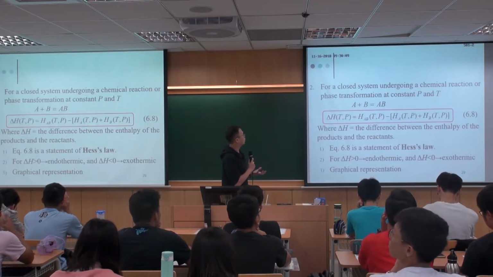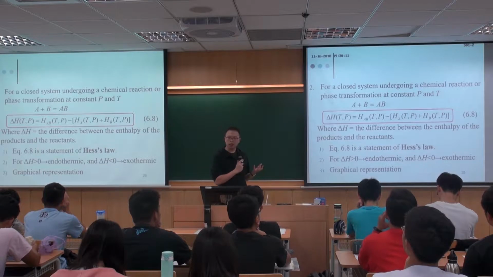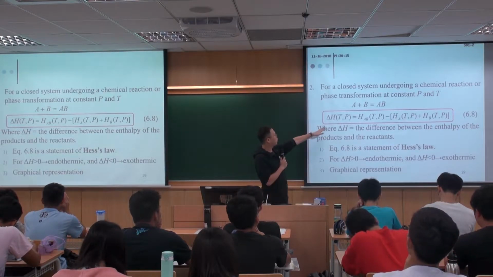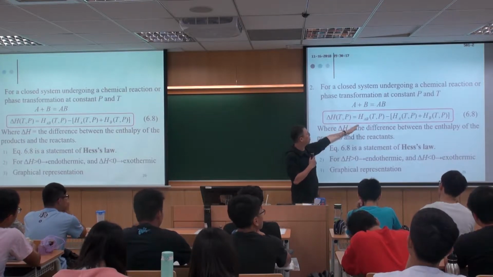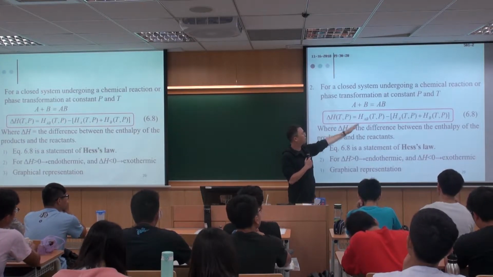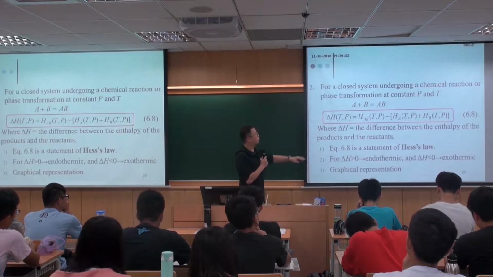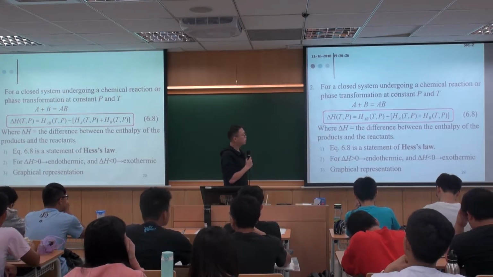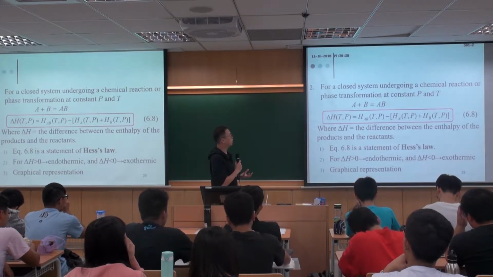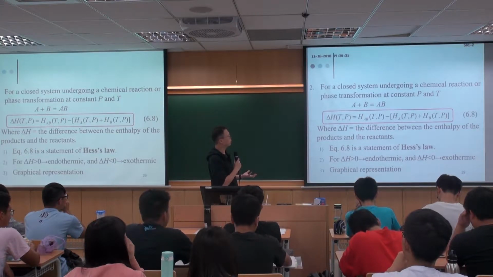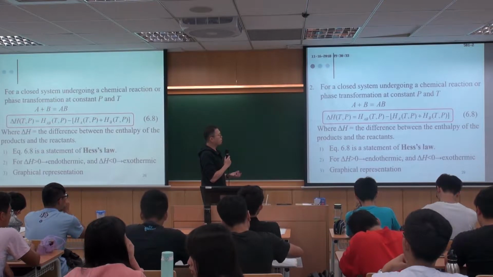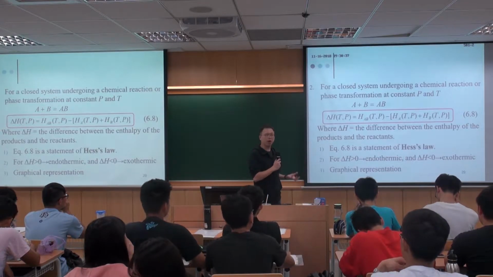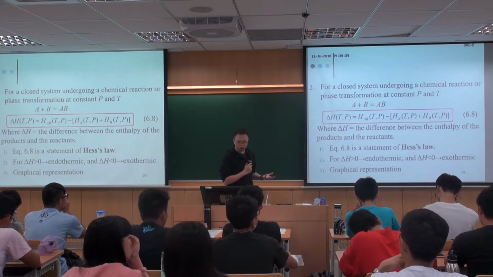And if we want to calculate the heat involved during this reaction, the delta H will be the enthalpy of the compound minus the sum of the enthalpy of the reactants. So this is pretty straightforward. I believe that you learned this during general chemistry in your first year. So delta H is the difference between the enthalpy of the products and the reactants.